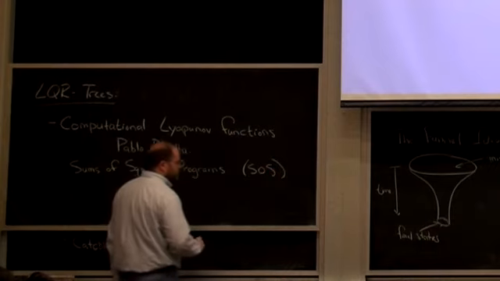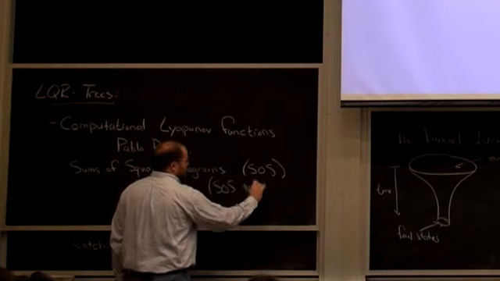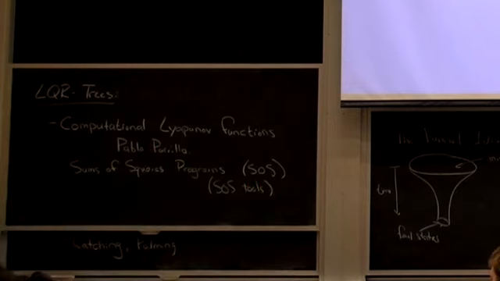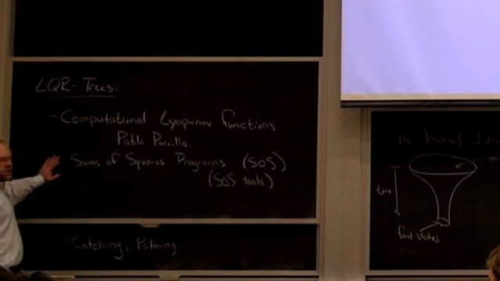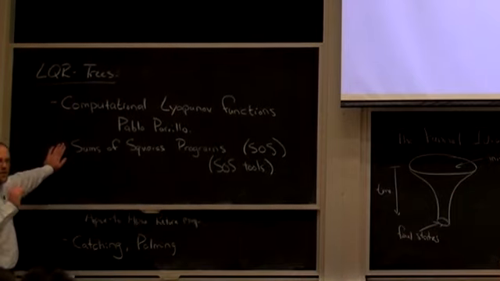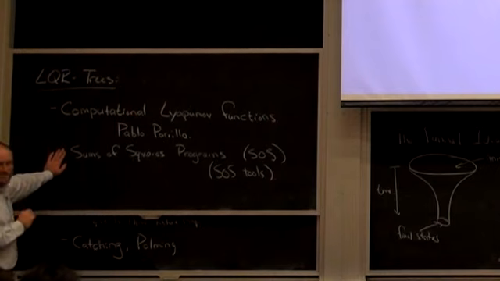In fact, you can even download SOSTOOLS as a MATLAB package from his website to do this. Sums of squares programs are efficient ways to check whether a polynomial function is negative definite. Okay?